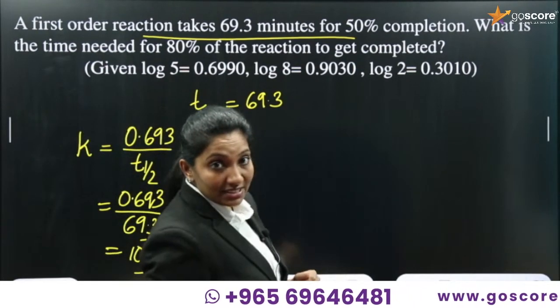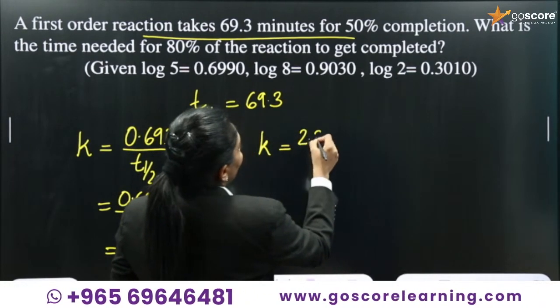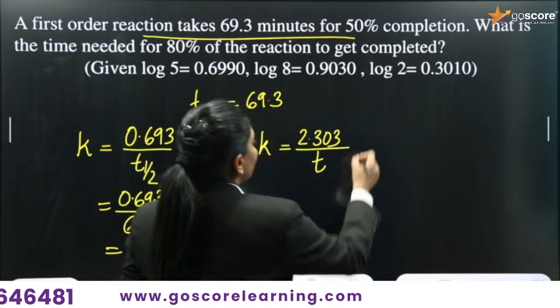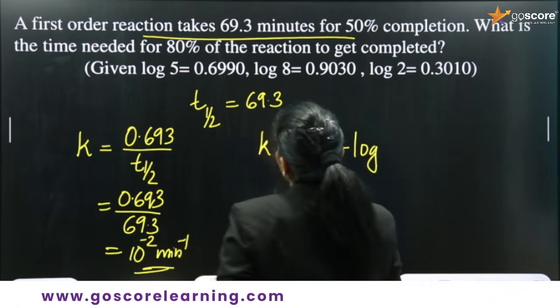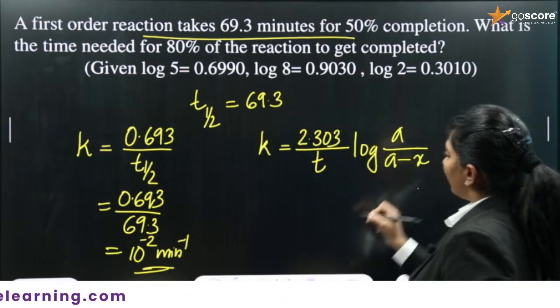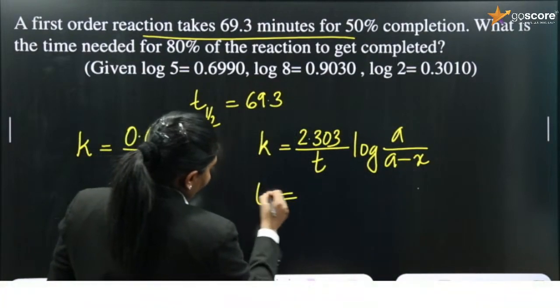So for percentage decomposition, what we will do? K is equal to 2.303 by T into log A by A minus X. Here we can give T. K value we got, so T we want to find out.